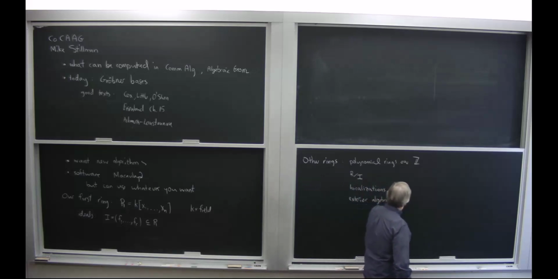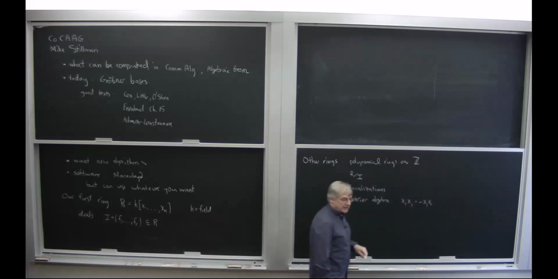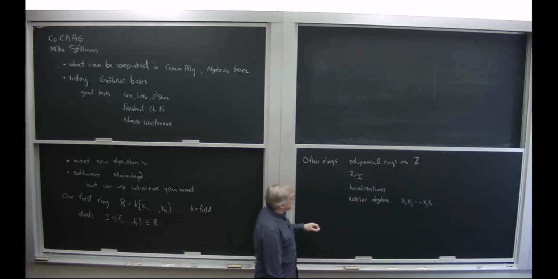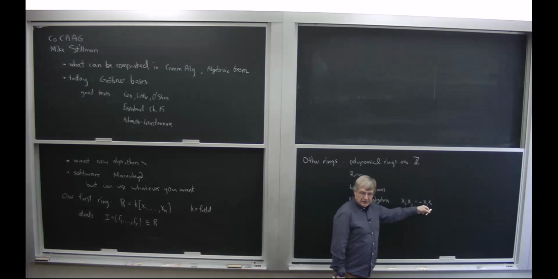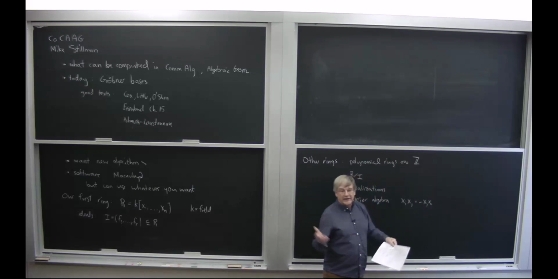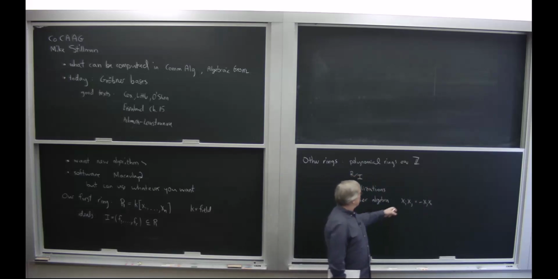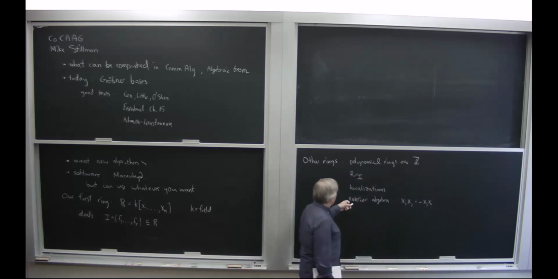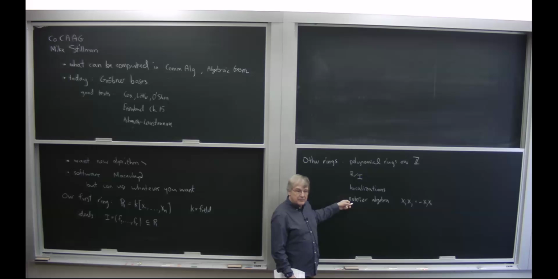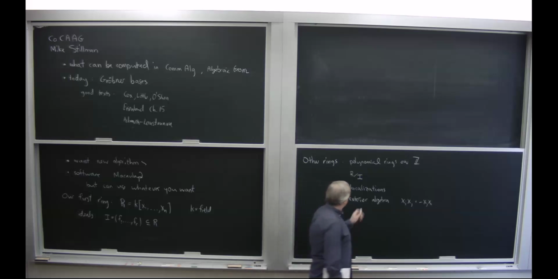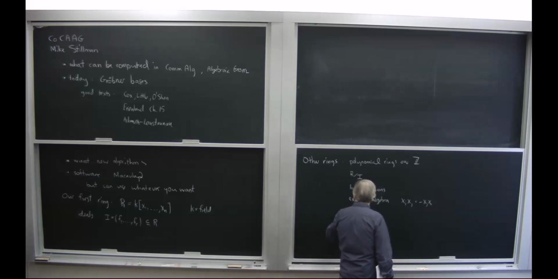This is where you have xi times xj is equal to minus xj times xi, essentially. And things like that. So instead of being commutative, it's mildly non-commutative, or graded commutative, if you will. So there's this, and it will turn out that some really cool ways of computing a number of things go through this. Likewise, there's Weyl algebras.